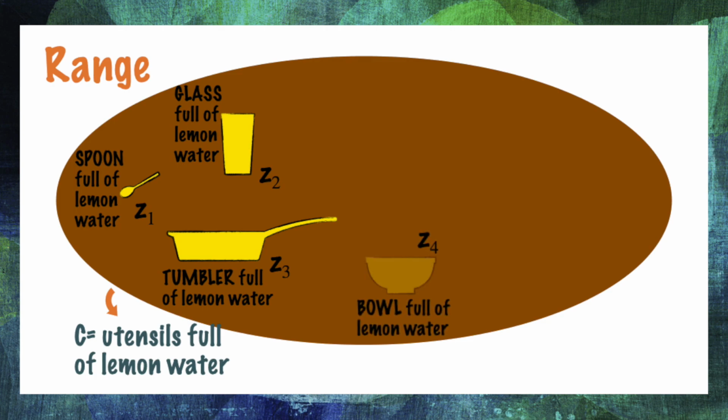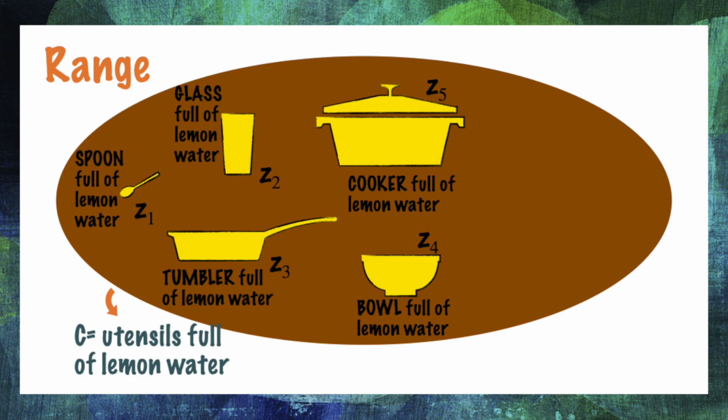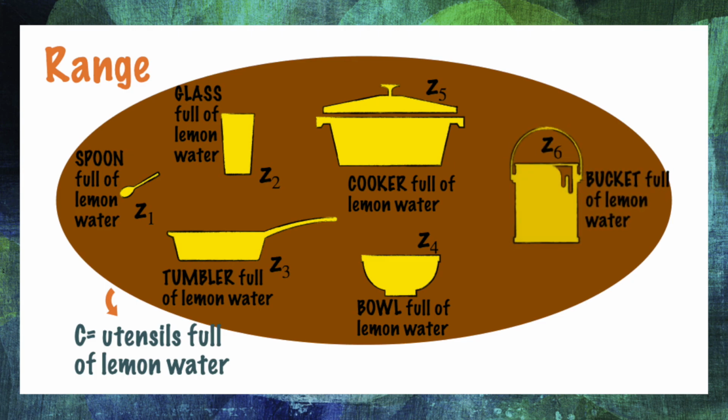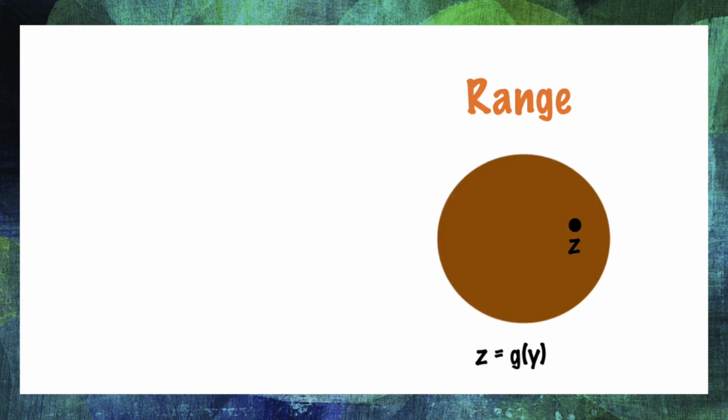Similarly, we have z3, z4, z5, and z6. So let's understand the range. We have all possible z. We already know z is defined as g of y. And when we take the collection of all such z, we have our range, which will be called set C.